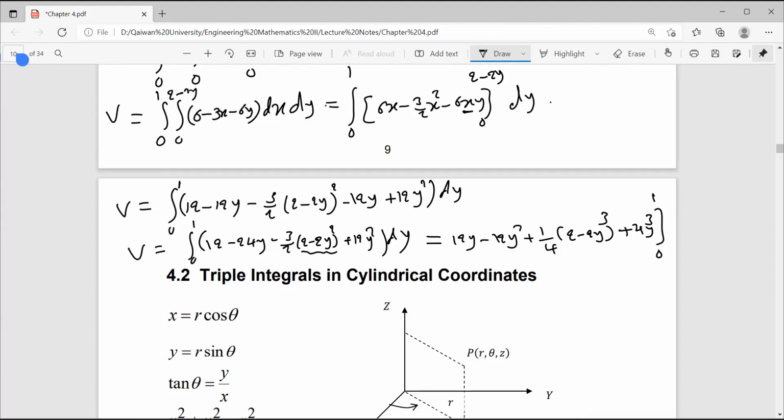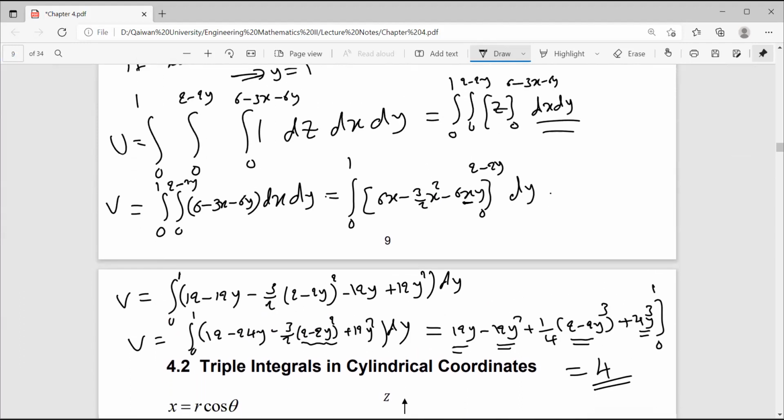When you replace by 1, this is 12, this is 4, this is 12, and that's minus 12. These two are cancelled out. Okay, and you replace by 1, this is 0 also, and you get 4 only. It's 4. So the volume of the solid bounded by those functions is 4 unit cubed.